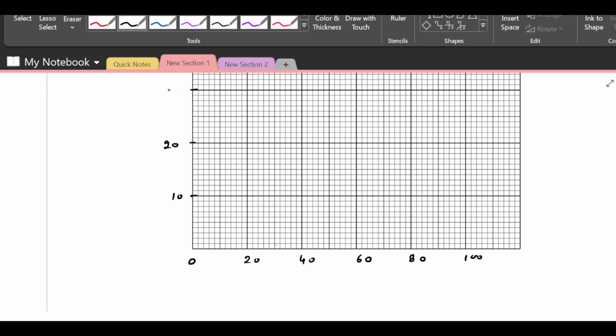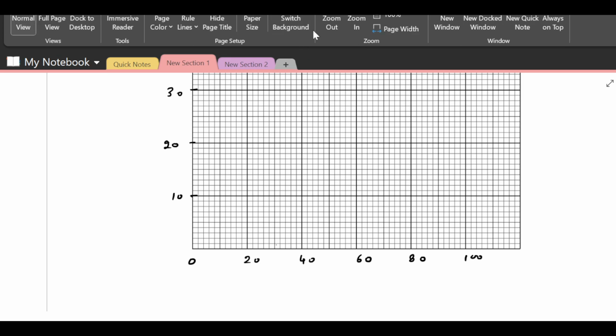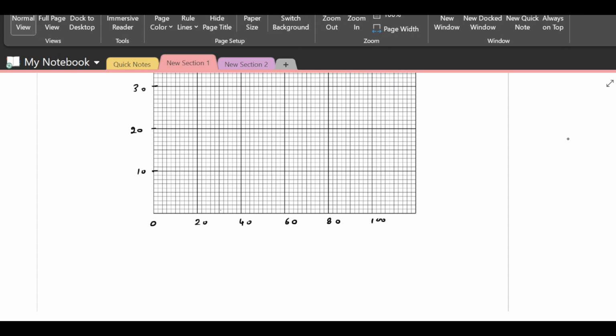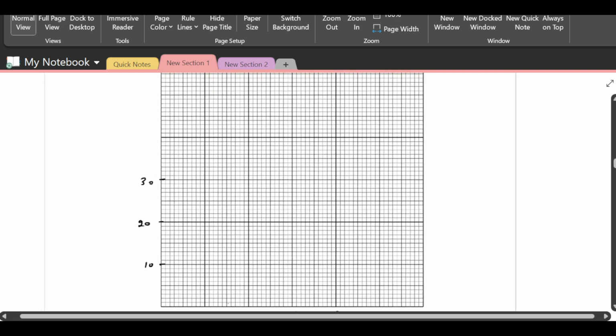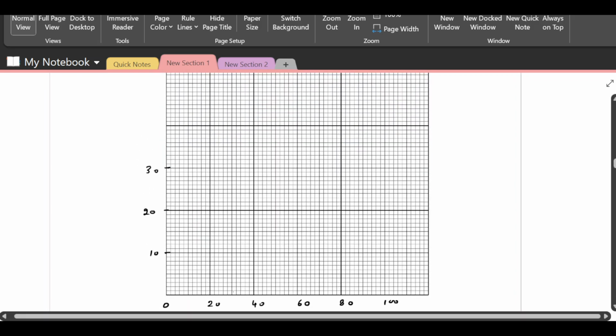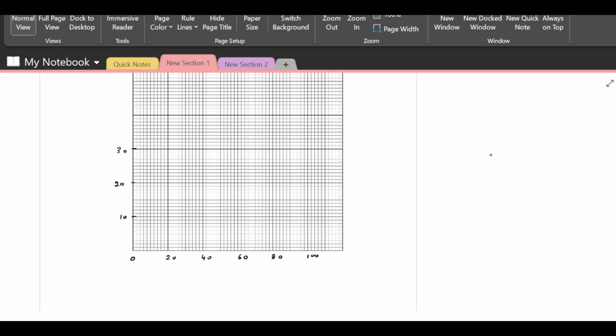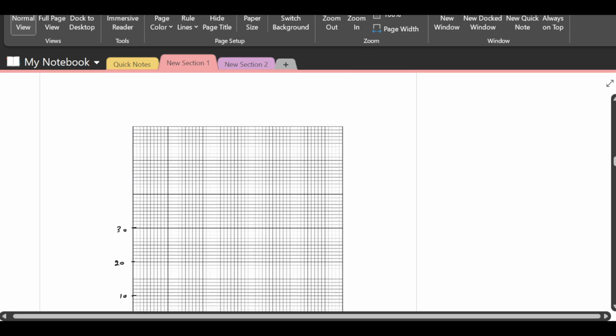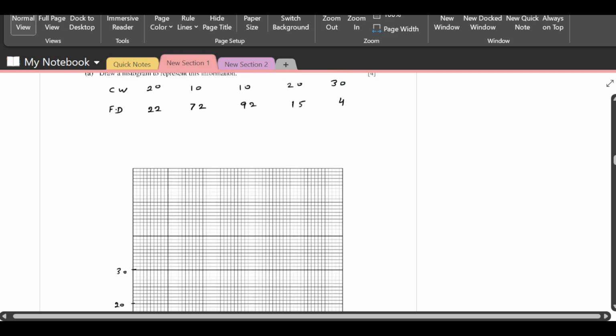20, 30. Let me reduce this little bit so that we can see all. Shall I reduce it further? Okay.